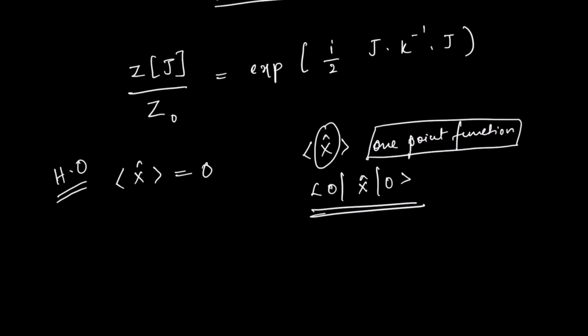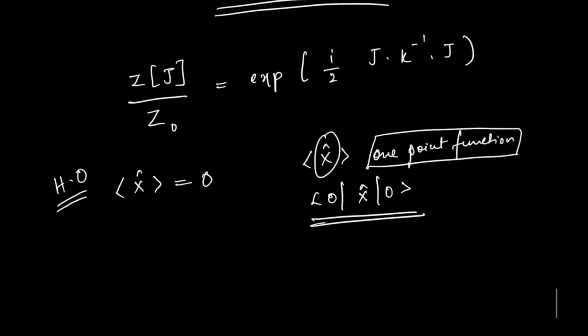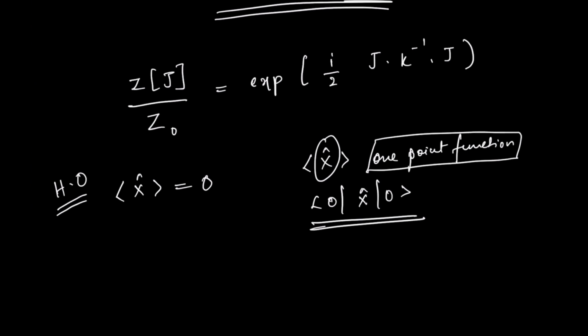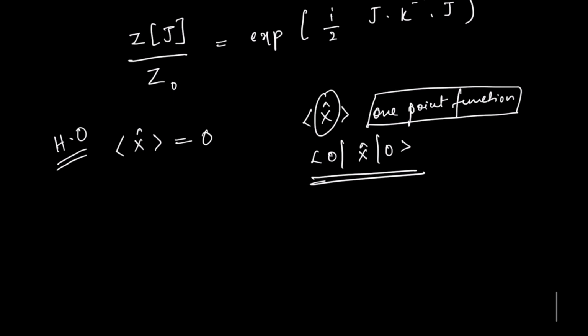If you are doing a 1 point function, then I have to take the derivative. How many derivatives do I have to take? I have to take one derivative. If I take one derivative with respect to J, then it will bring down 1 x. And finally I have to put J equal to 0. So when J equals 0, this will be 0.